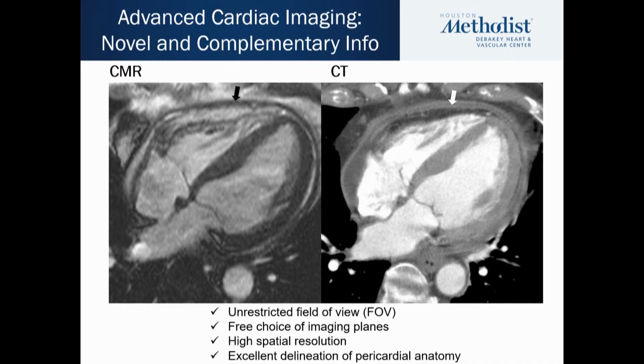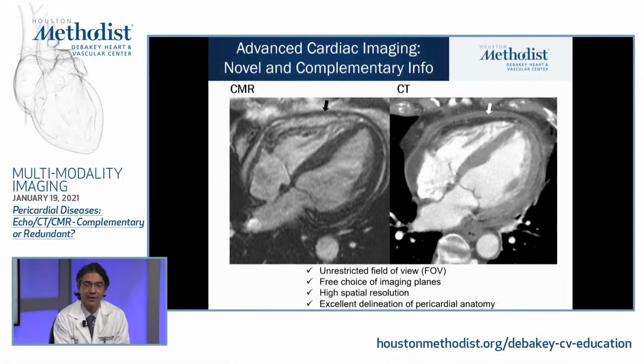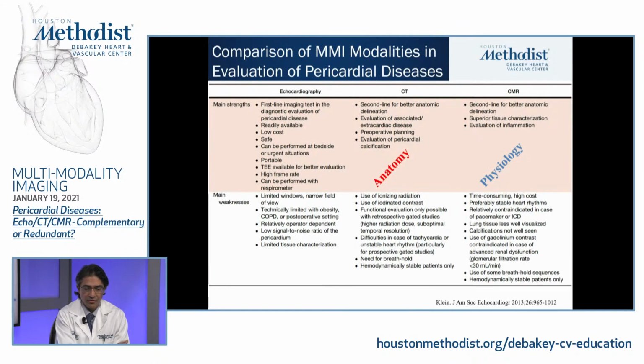Since we are talking about pericardial disease, these are techniques that can actually see the pericardium and really investigate its nature. So when it comes down to choosing between CT and CMR, there are recommendations of which test to choose, but I try to make it a little simple on the screen there for you.